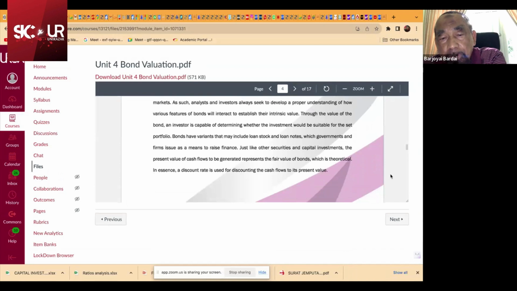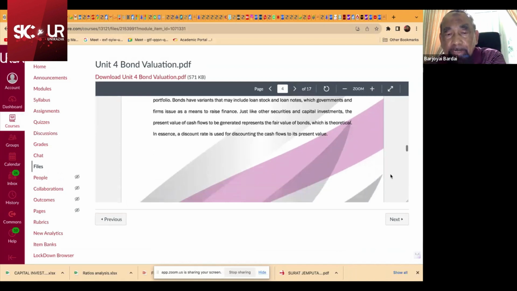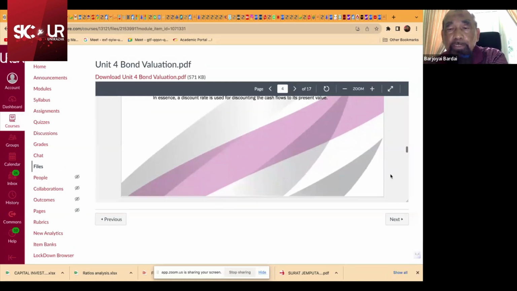So, just like other securities and capital investments, the present value of the cash flow to be generated represents the fair value of the bond, which is theoretical. In essence, a discount rate is used for discounting the cash flow to its present value.